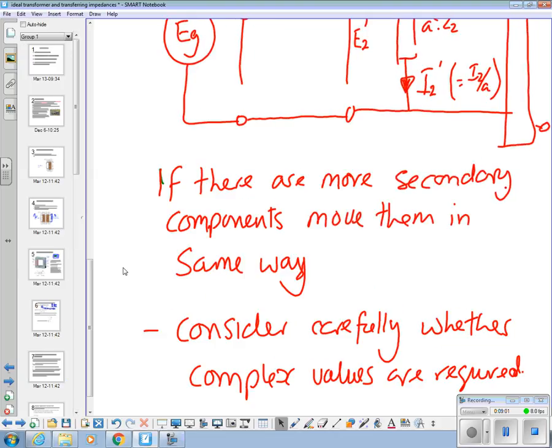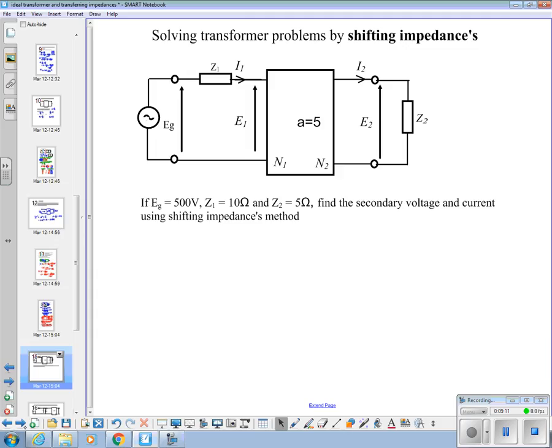You're happy with that as a summary of the method. But as always, method is best served by looking at an example. So this is the example we're going to work through bit by bit, to see if we can solve the problem. Generator voltage is 500 volts.